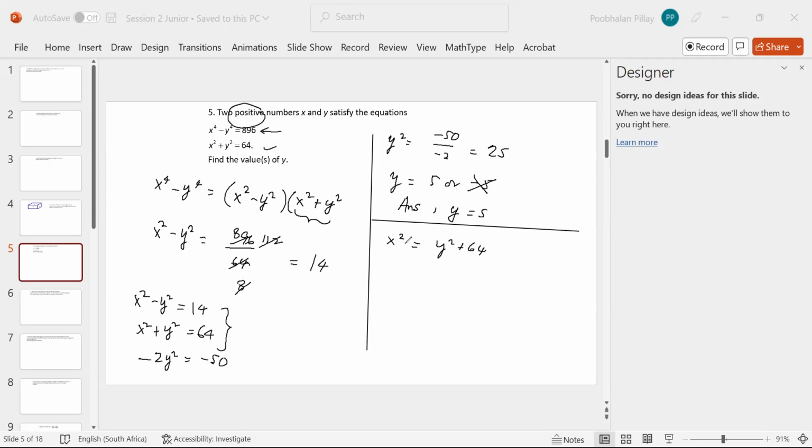So you can get rid of the x squared because whenever you see x squared, you can put y squared plus 14. So x squared is equal to y squared plus 14.